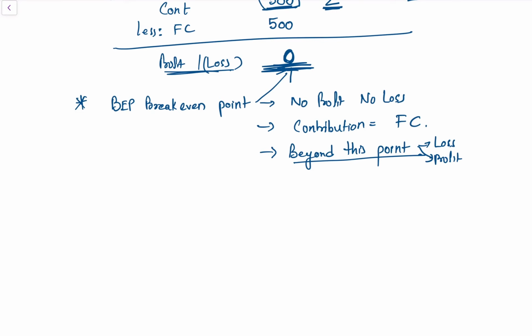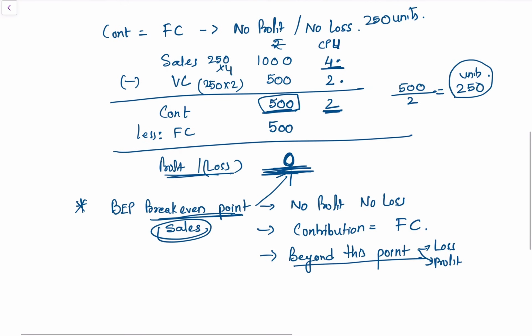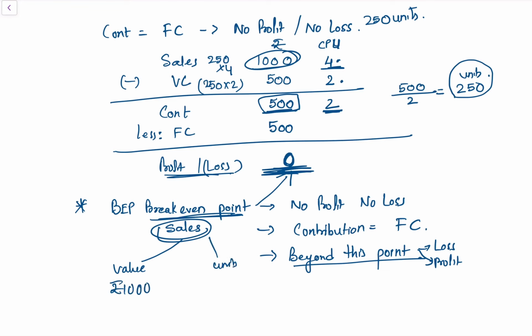We'll discuss in detail later. So the break even point we are speaking of is that sales point. This break even point is the sales point. Which is that point? It is this 1,000. If you say in value, it is 1,000 rupees. And if we say in units, it is 250 units. So what does it mean?